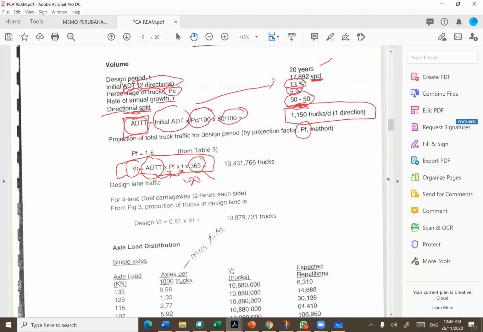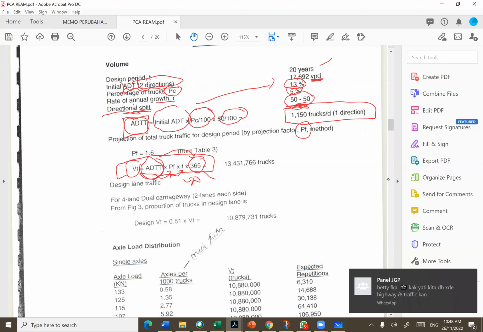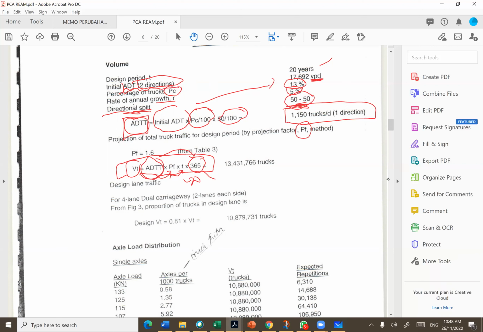So the ADTT times 365 converts to number of trucks per year, and then times the projection factor and the T value. They will get the number of trucks for the next 20 years, 13 million trucks.